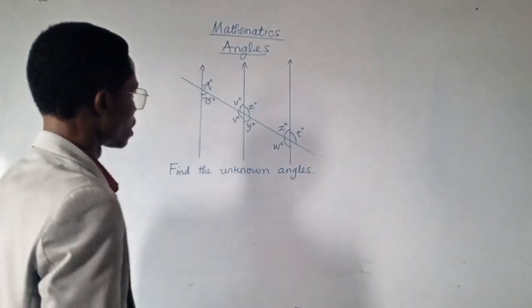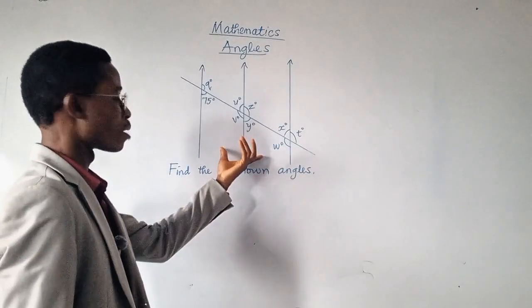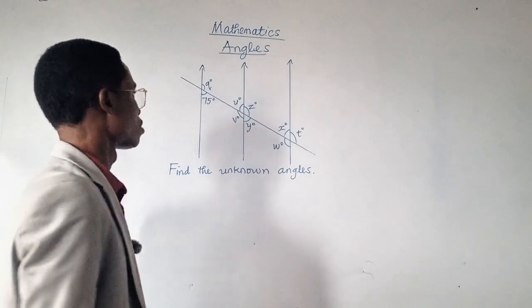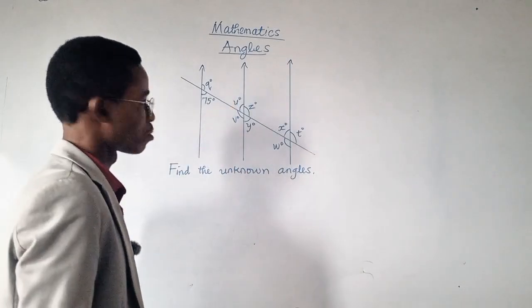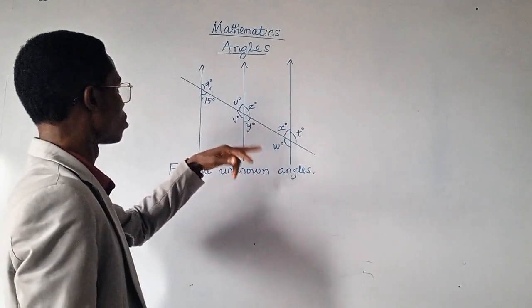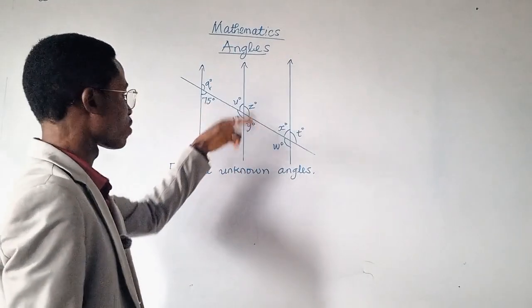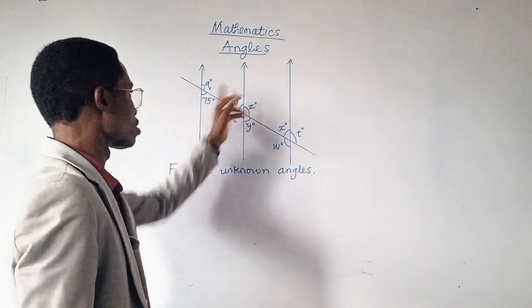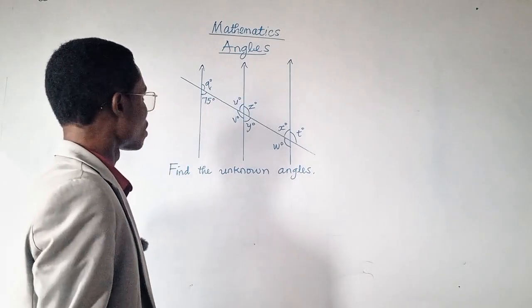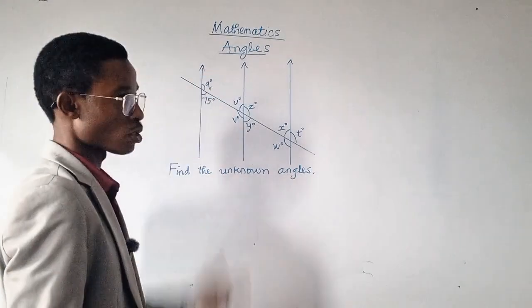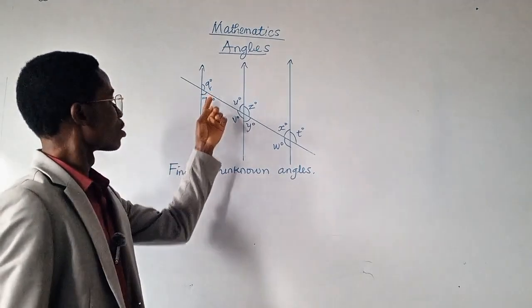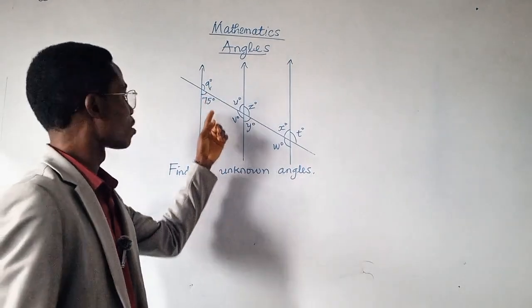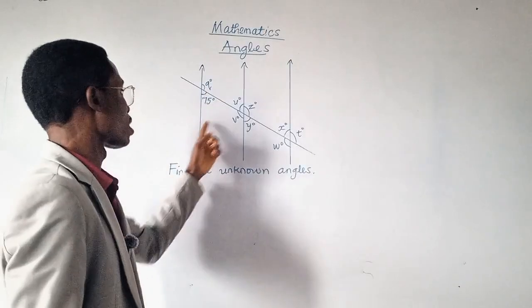First of all, in this kind of problem, it depends on what you see first. Some may decide to solve U first and say, oh, U is equal to 75 and say they are alternate angles. Another person may decide to solve Q first, bearing in mind that Q and 75 are both on a straight line.